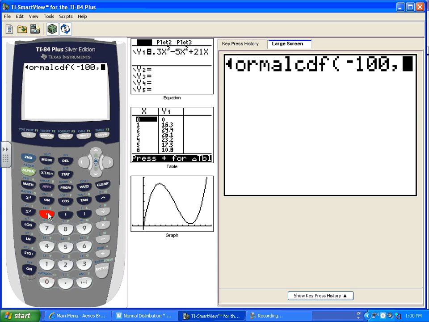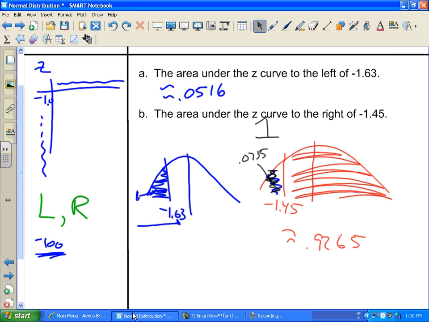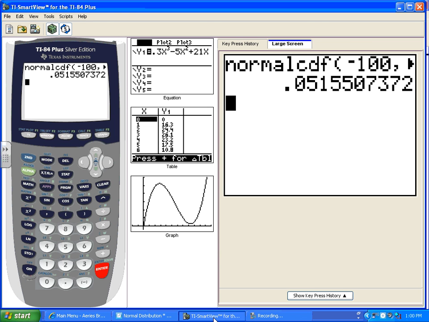Negative 100, comma, negative 1 point, what was that point? 63, close the parentheses, and oh me, oh my, that should be a very cool number for us. Keep that at 0 and 1 always. Enter. 0.0516. What does that round to?